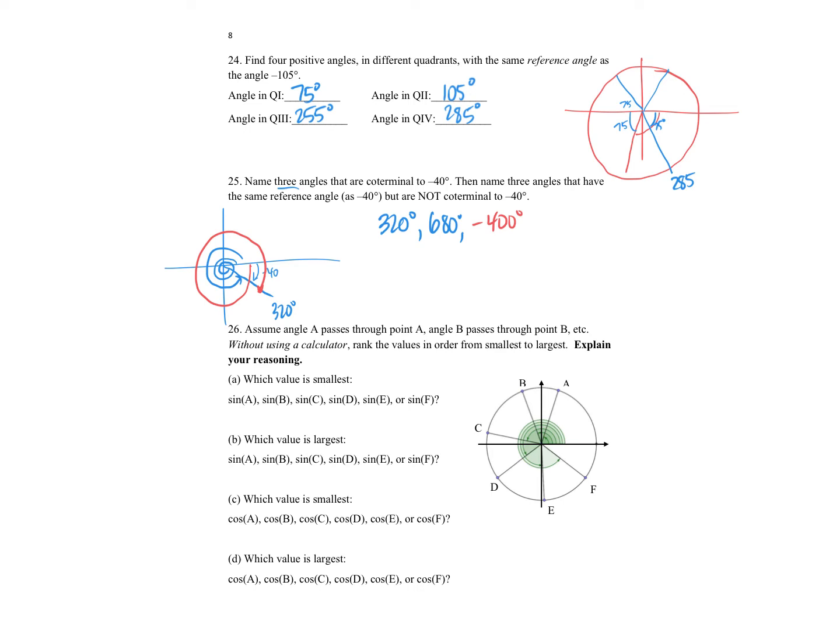Now I want to name 3 angles that have the same reference angle as negative 40 but are not coterminal. So let's find some. These are coterminal. And then this is the one with the reference angle.